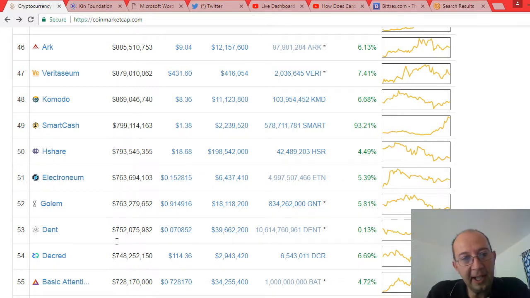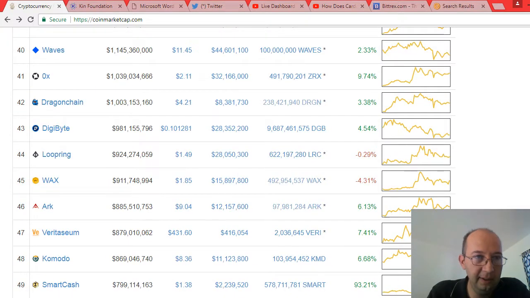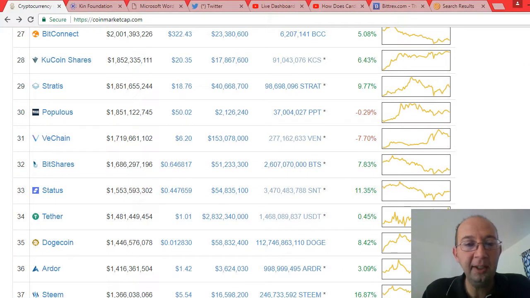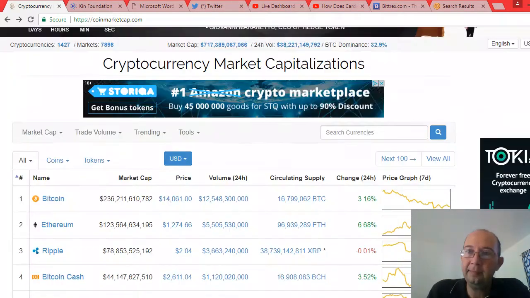I'm looking at these guys might go up and these ones might go down, no matter what coin is there. Because if it's a good coin or a bad coin, in my opinion, its placement on this chart means nothing. Nothing. And let me tell you why.